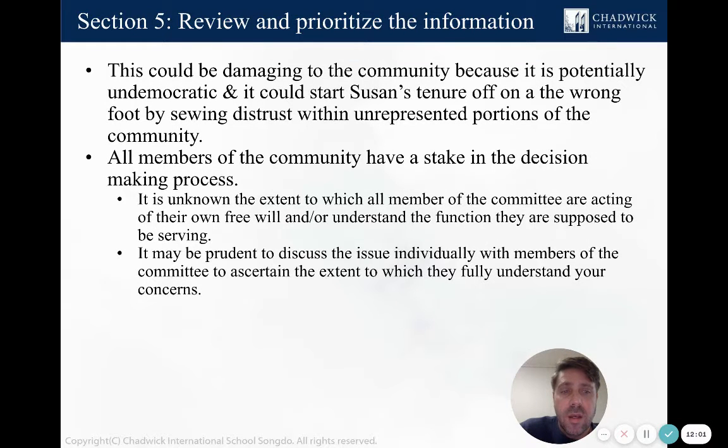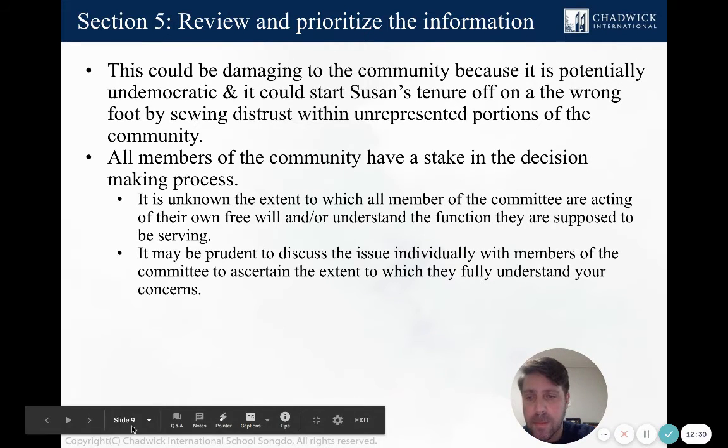And so again, it could be that they are following a path of expediency without really fundamentally understanding the value of the input they're needed to be doing in helping to get the values of the community into these foundational pieces. It may be prudent to discuss the issue individually with members of the community to ascertain the extent to which they fully understand these concerns.